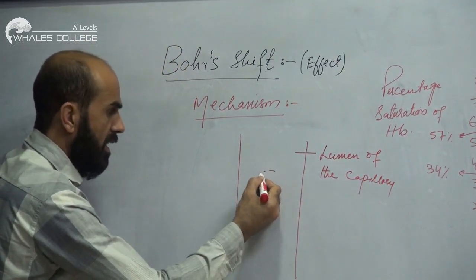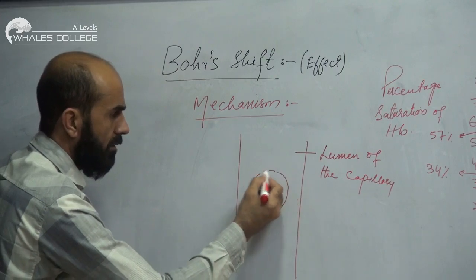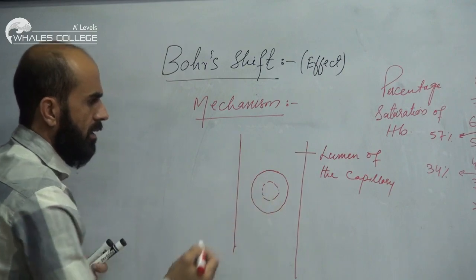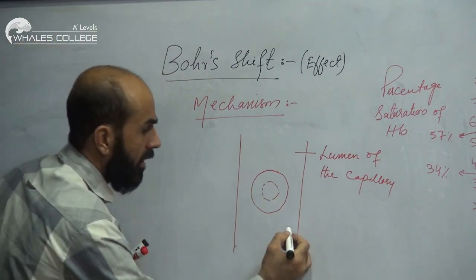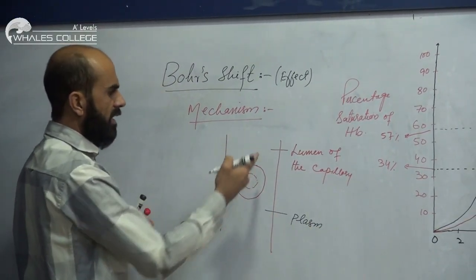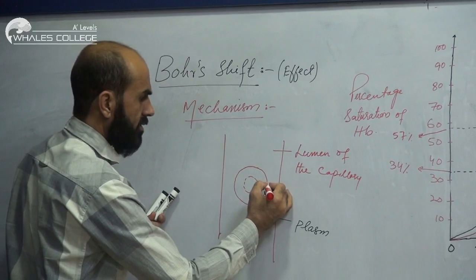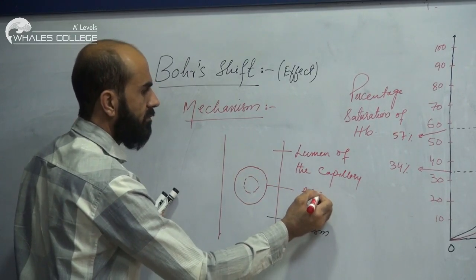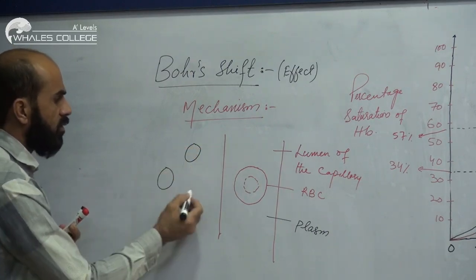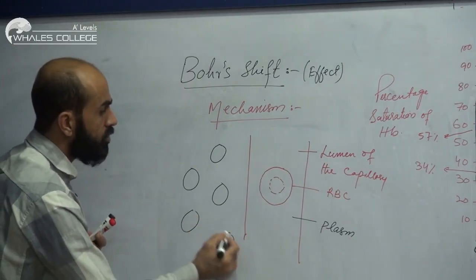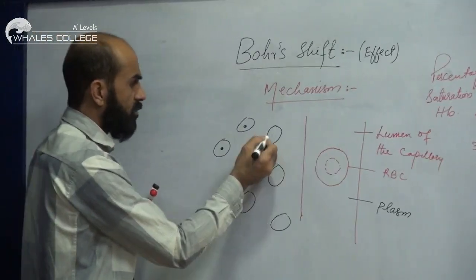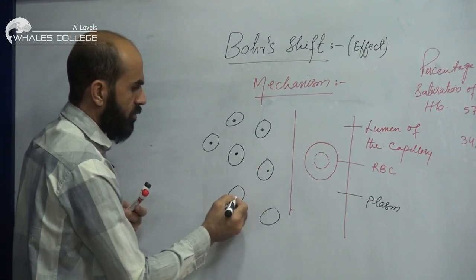Here we have the red blood cell, RBC. Here we have plasma, blood plasma, and this is the lumen, and this is the RBC. Now in the surrounding area we have cells, of course, because it's respiring tissue, so there are many cells in the state of respiration.